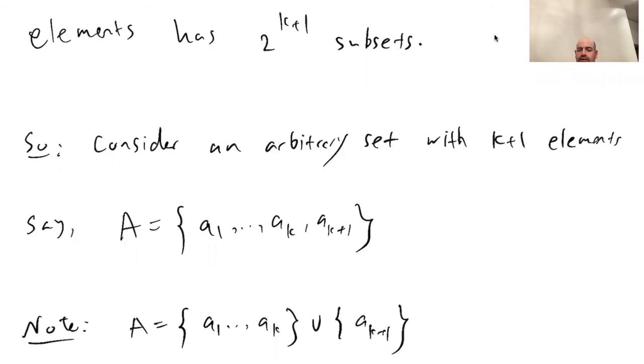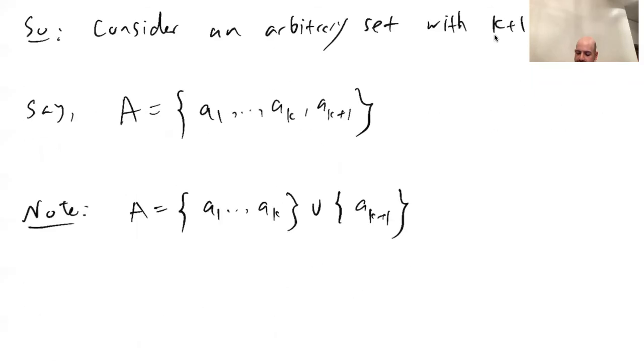Right? Now, when I consider a subset of A, what can I say about an arbitrary subset of A? So a subset of A is either a subset of the first set A1 to AK, right?